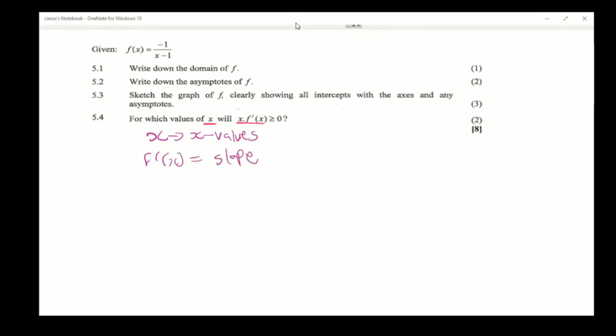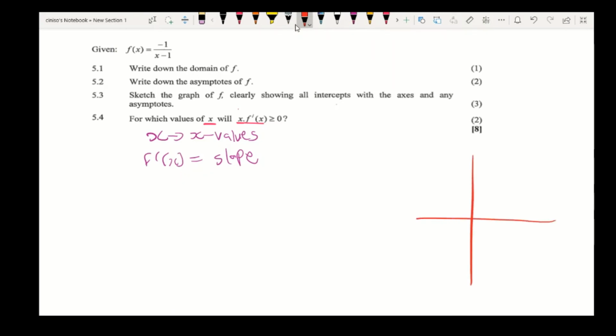If we draw our function here, the very same one we did in 5.3, we know that this is the vertical asymptote which is equal to 1, and here is your horizontal asymptote equal to 0. So now your function goes something like this.